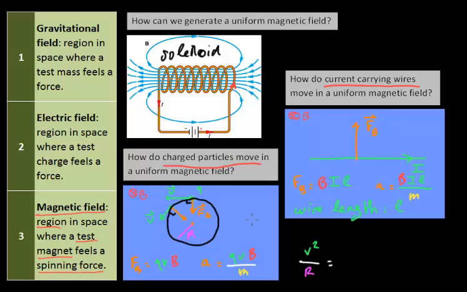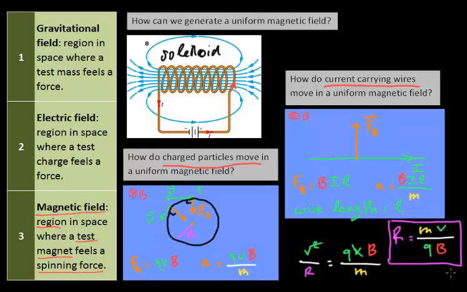So we have V squared over R, which is equal to QVB divided by M. And by rearranging this equation, first we realize that we can divide by V on both sides, so this square disappears and this V disappears. And now we can express R in terms of the other variables. If I multiply by R on both sides and take everything to the other side, I'll let you do the math, but you obtain R is equal to mV over QB.